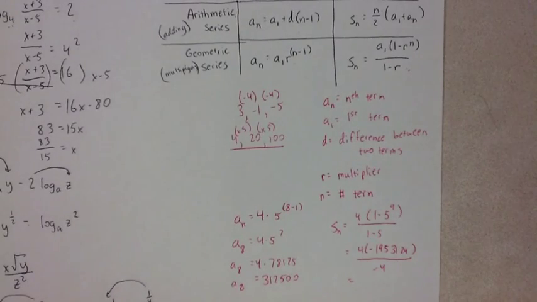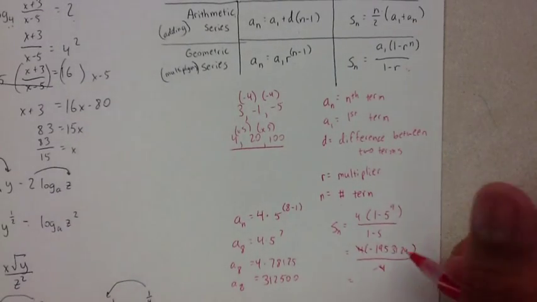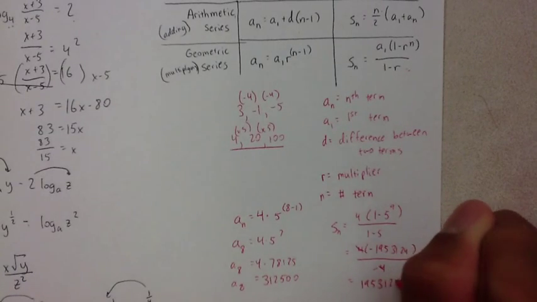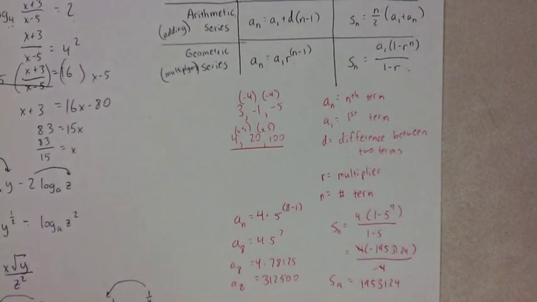Multiplying that by 4 and dividing by a negative 4, because those 4's really cancel out, it's just going to make itself the same. So that's positive 1953124, and that's the sum of the first 9 terms of the series.